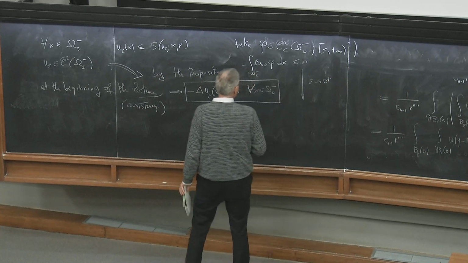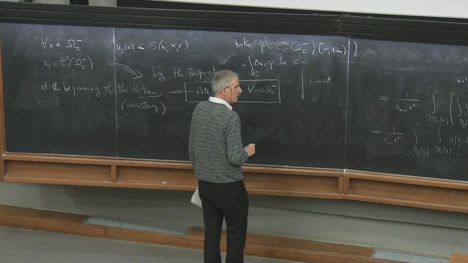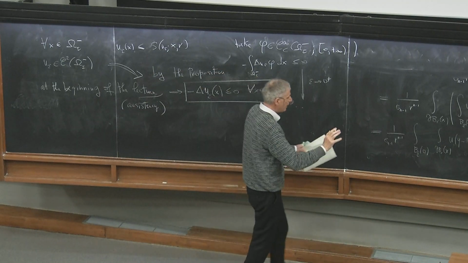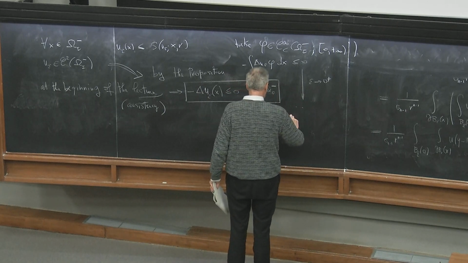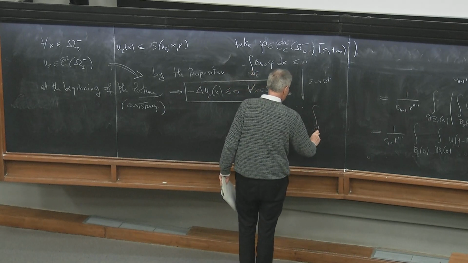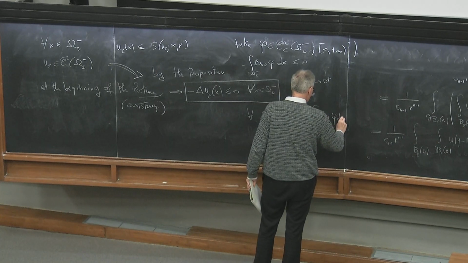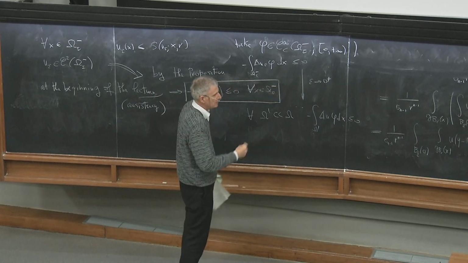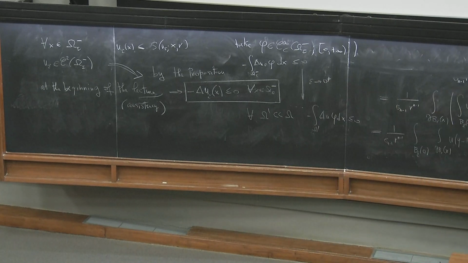Passing to the limit gives, fill in the details, this is easy. You get for any omega prime the integral of minus Laplacian of u times phi dx less than or equal than 0 for any phi test function, and this is true for any omega prime. I mean, fill in the details here. This is not difficult.